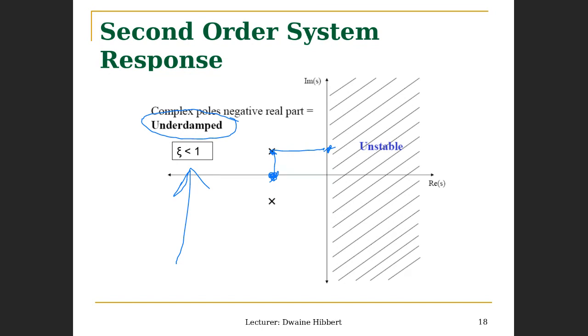As the damping goes down, the system begins to get less damped, and we're going to see what happens to a system that becomes less damped. So we've just looked at three possible scenarios for a second order system: overdamped, critically damped, and underdamped.